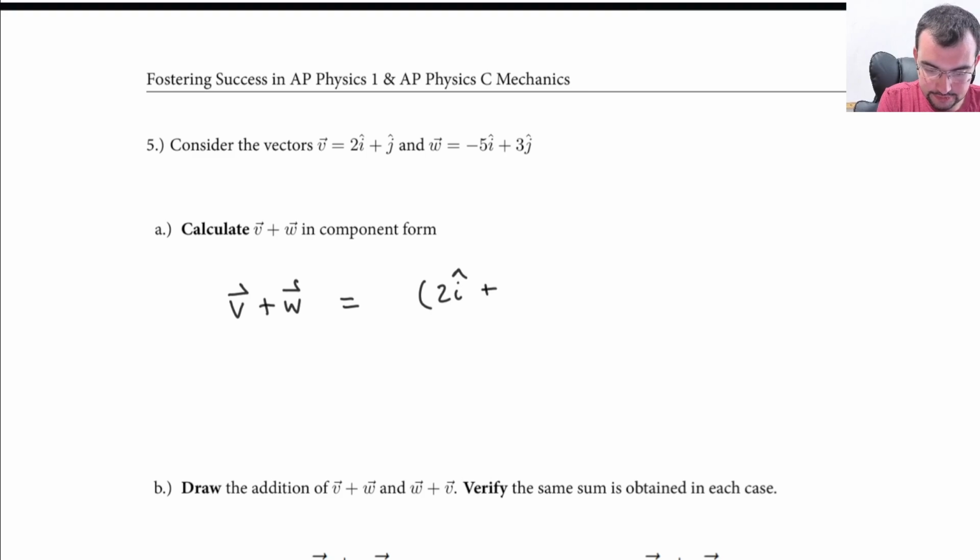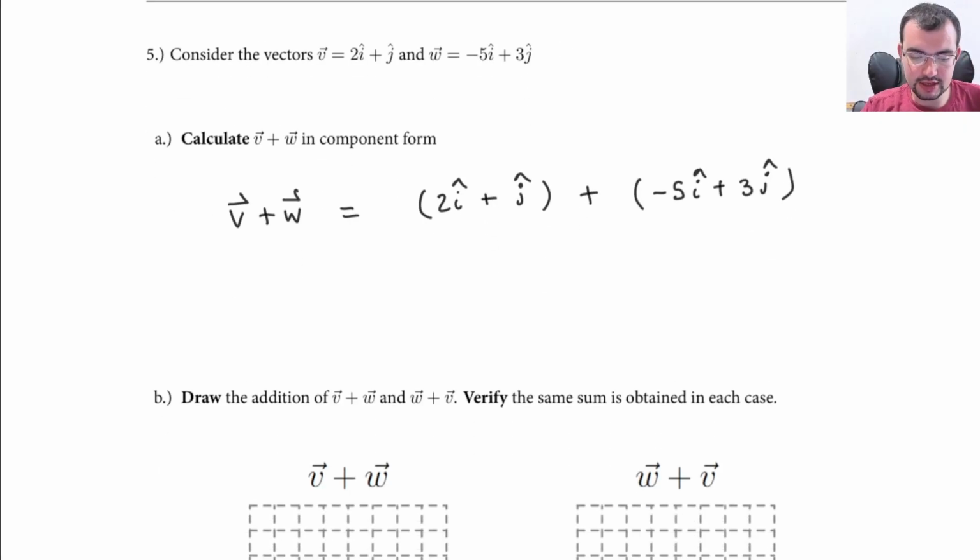We have 2i plus j as one of our vectors, and negative 5i plus 3j as another. So I have positive 2 and negative 5, which makes negative 3 units i hat. And then I have 3 and 1, which makes 4.